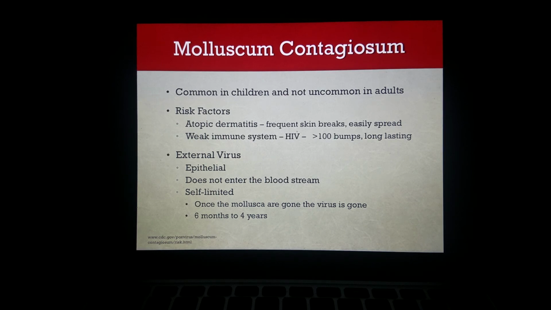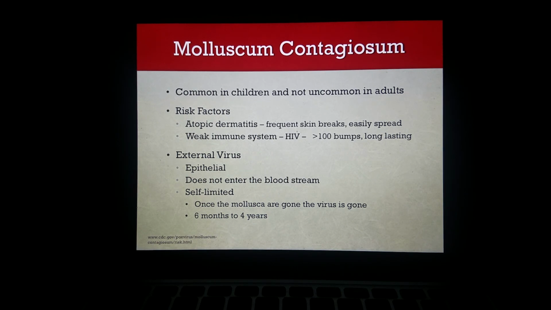Because of the fact that it's external, it's epithelial, it's not in the bloodstream, it's self-limited. So once the bumps, the mollusca are gone, the virus itself is gone as well. So usually within 6 months, it's cleared up. In my daughter, it was about 6 or 7 months.